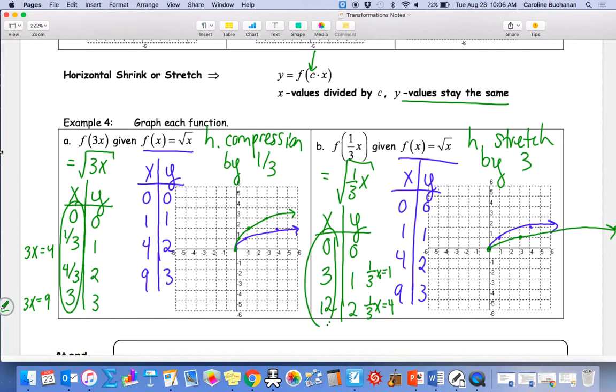If you have 3 times x, this actually compresses it horizontally by 1/3. If you have 1/3 times x, this horizontally stretches it by 3. This is different compared to the vertical stretches and compressions we just talked about, where the number you see more logically aligns with what happens in the graph.